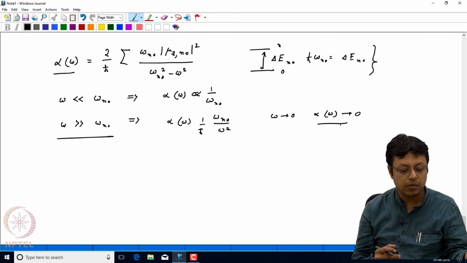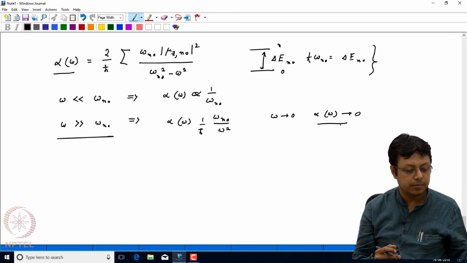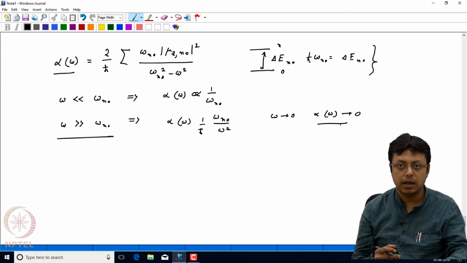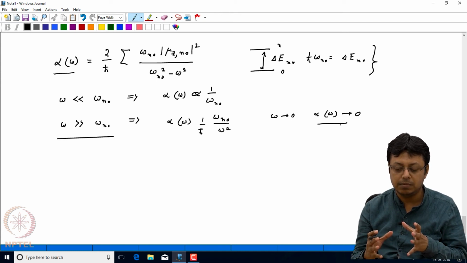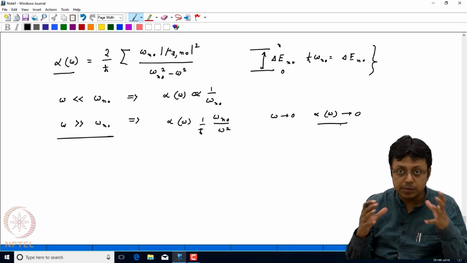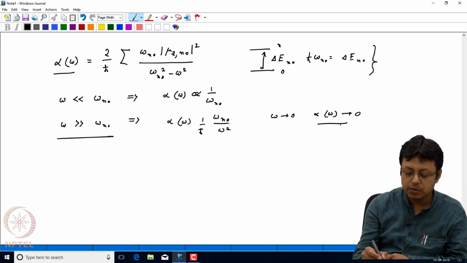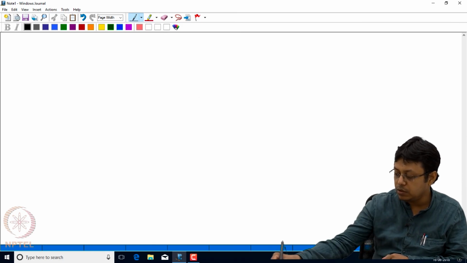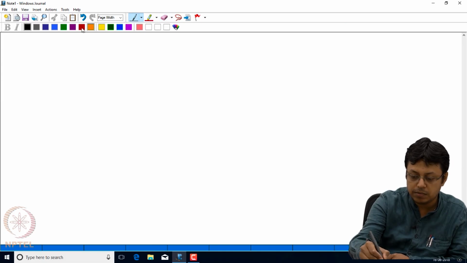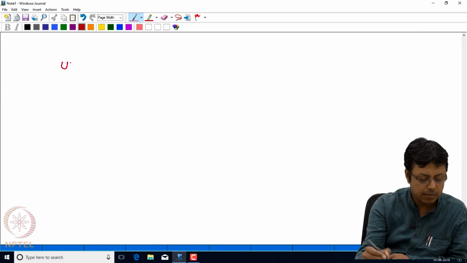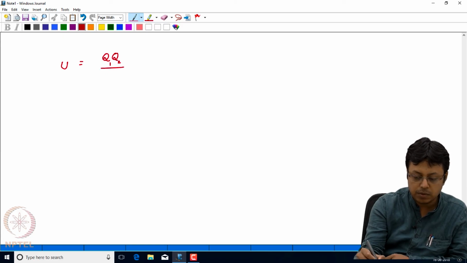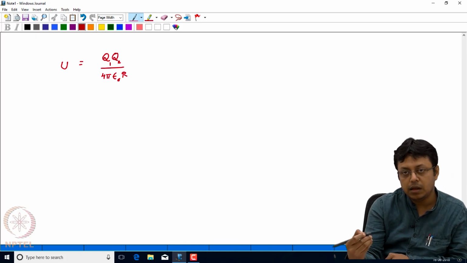Now, moving on, you can think about this interaction part. I have many interactions between distributed charges, and then you can ask the question, what is the overall potential? Now, you know the potential energy, which we wrote as U, or which is commonly written as V, between two charges is Q1 Q2 by 4 pi epsilon 0 R, but that is the energy in vacuum.